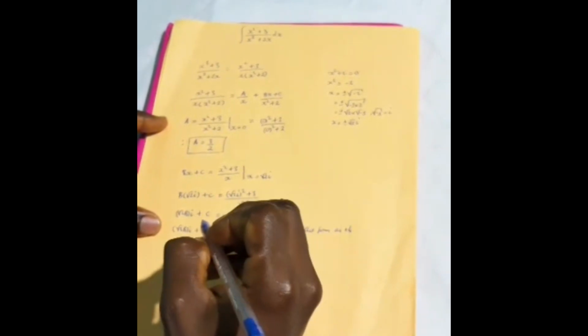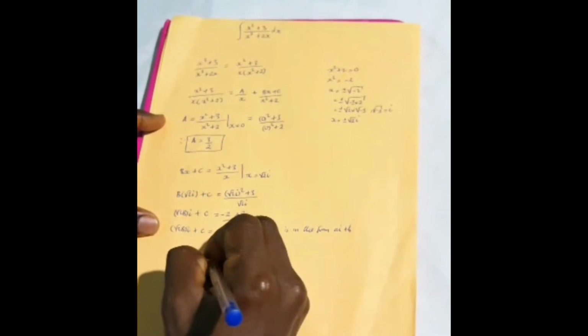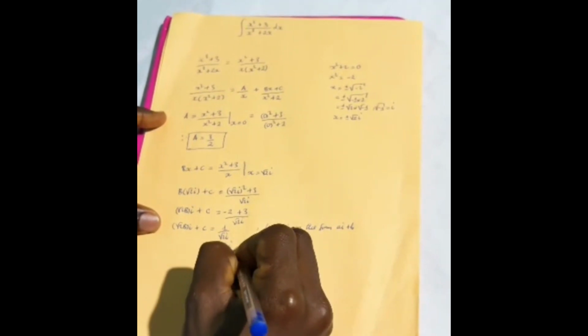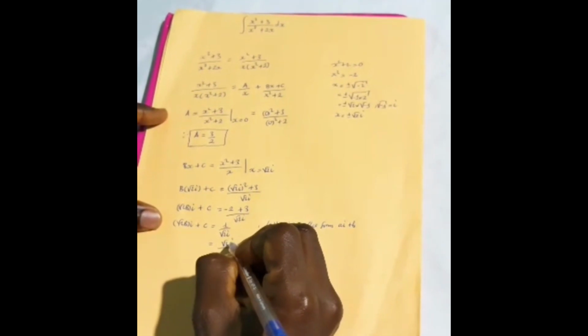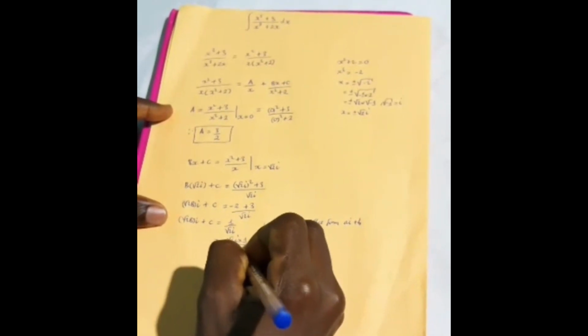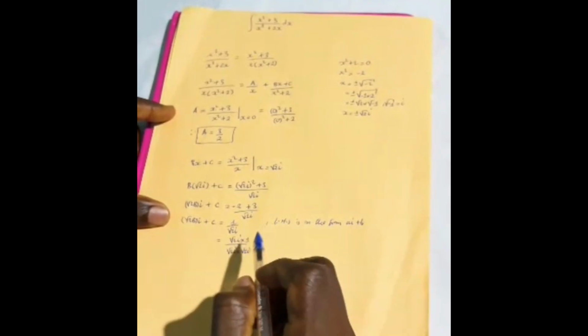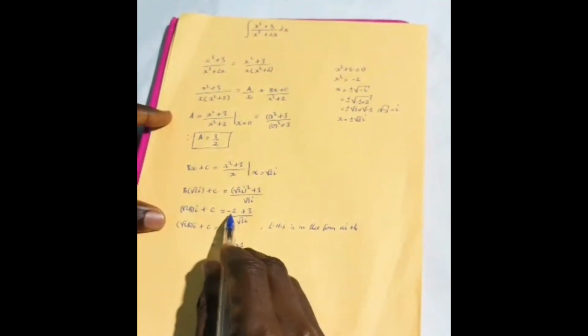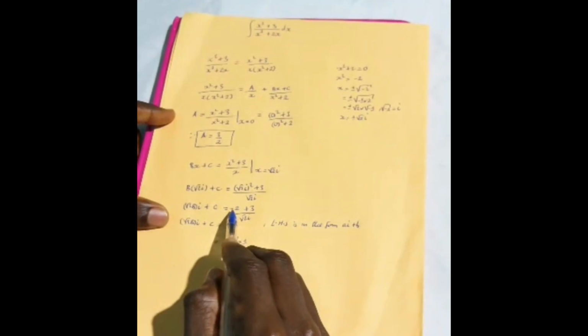So we have that this equals root 2i divided by, that's root 2i times 1 divided by root 2i times root 2i, and we have that root 2i times root 2i is equal to root 2i squared, which gives us negative 2 like over here.